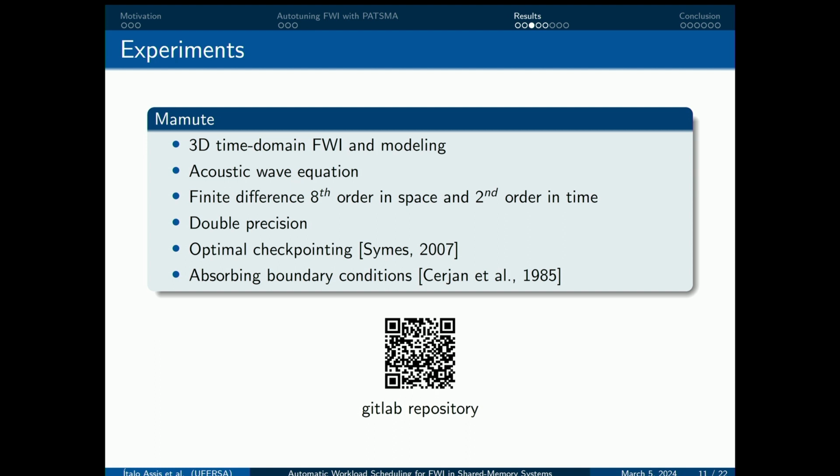It solves the acoustic wave equation through finite differences, 8th order in space, second order in time. It uses double precision for all data. We employed optimal checkpointing to reconstruct the forward wave field, and also used absorbing boundary conditions, basically a damping to absorb the energy at the borders.